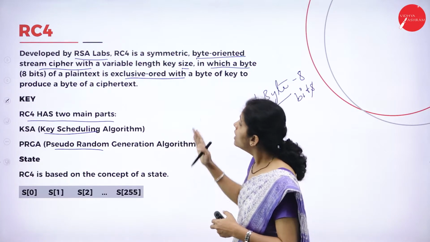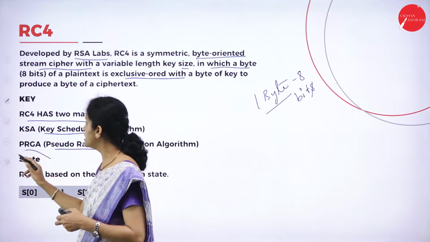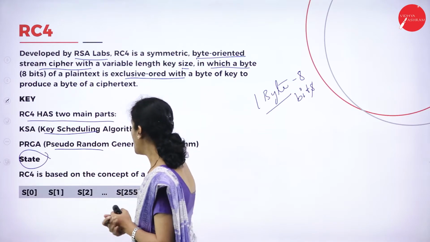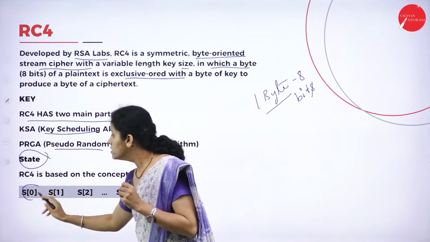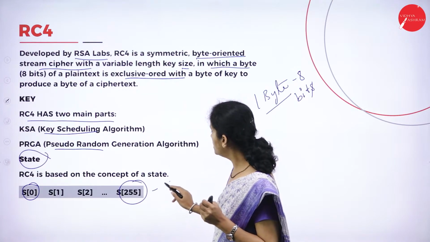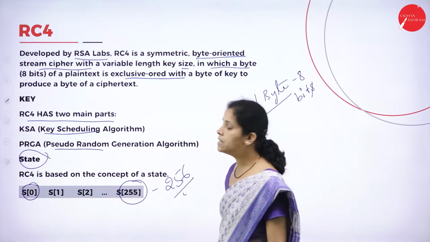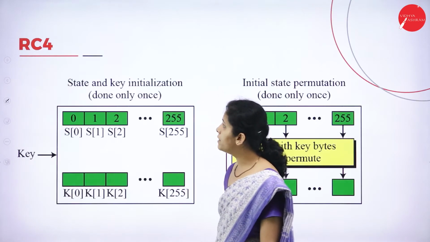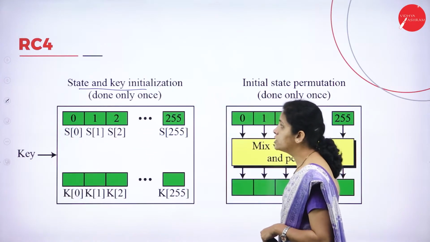The RC4 algorithm is mainly based on states. If I consider the key scheduling algorithm, there I have the state, and the state ranges from 0 to 255, that is 256 values. Now I have the state and the key initialization algorithm.